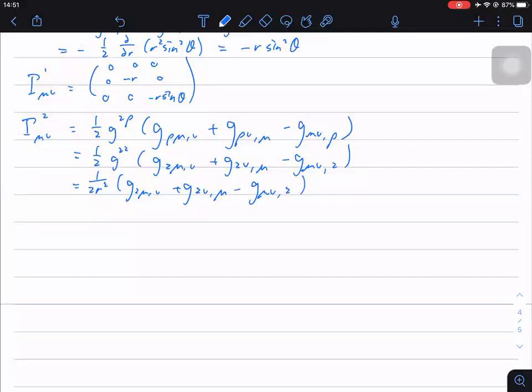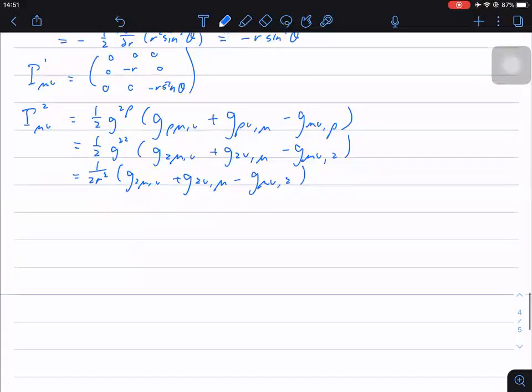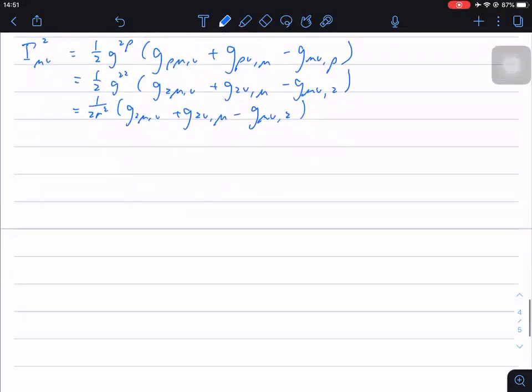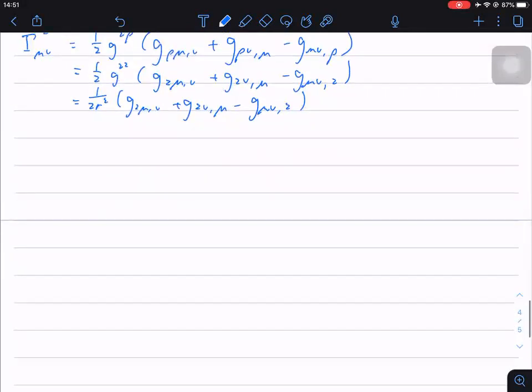Okay, do you want me to continue to write down all the components, or just the non-zero components? Okay, let me just write down all the components here, in a more compact form.